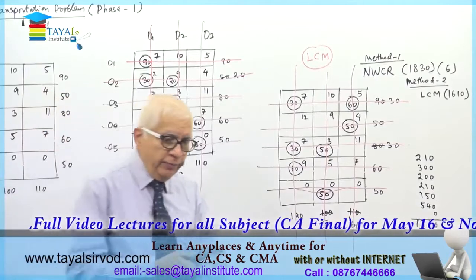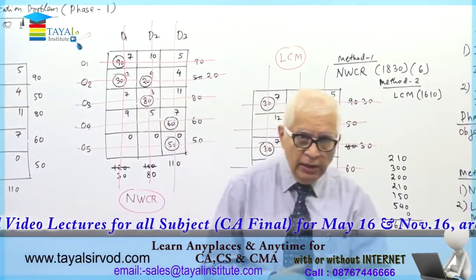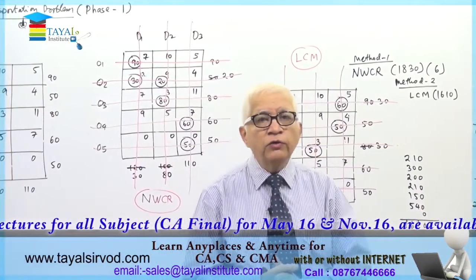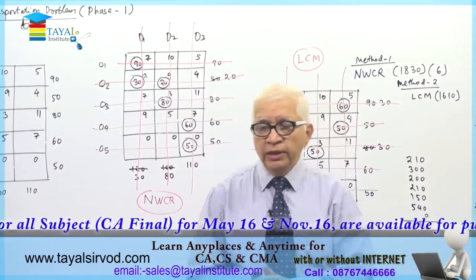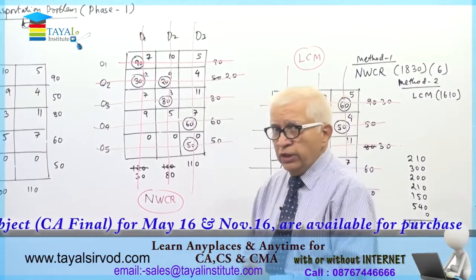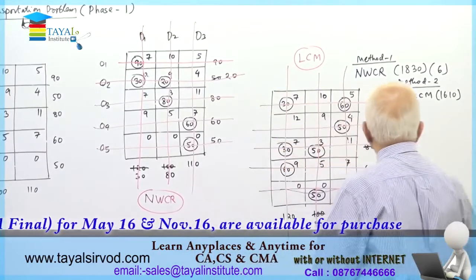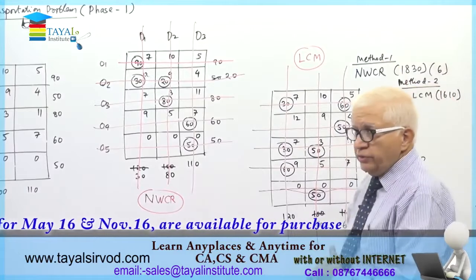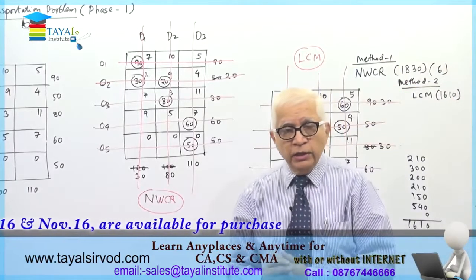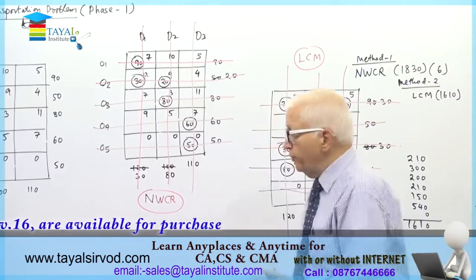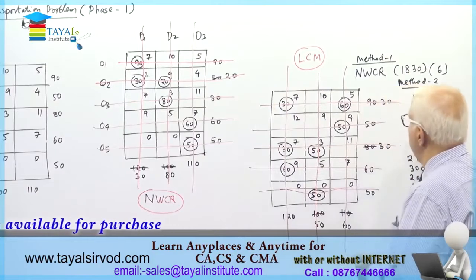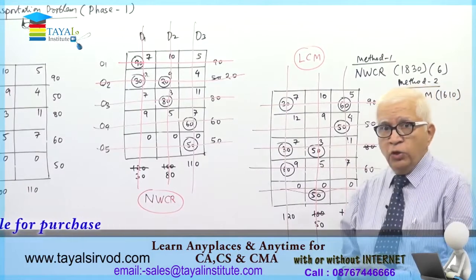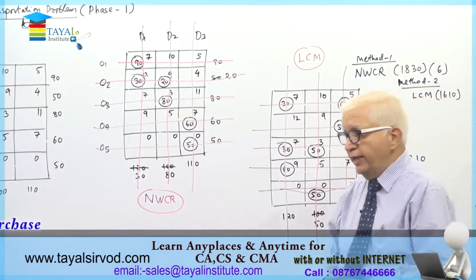So this way we have obtained the allocations for northwest corner rule and least cost method. The difference is of course in the cost. We got a cost of 1830 using the northwest corner rule, and the cost that we managed to get using least cost method was lower at 1610.